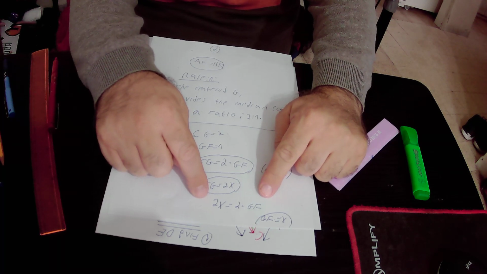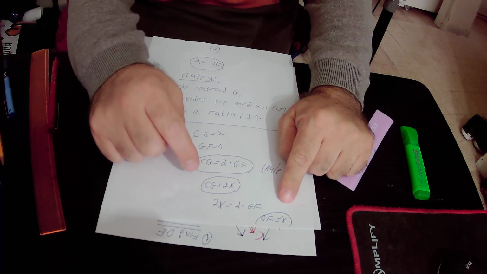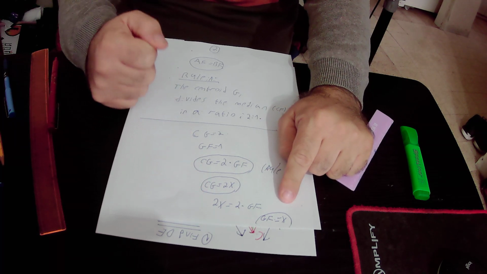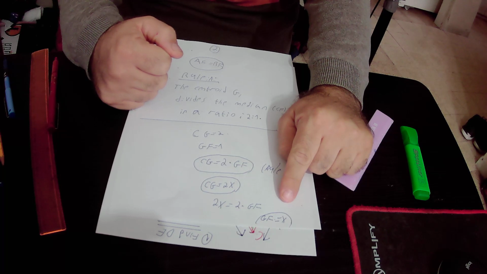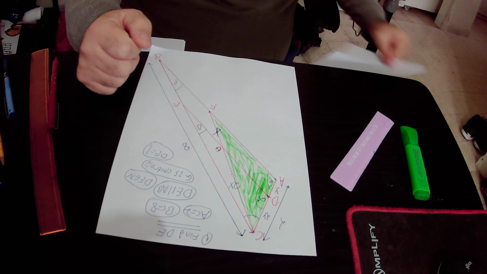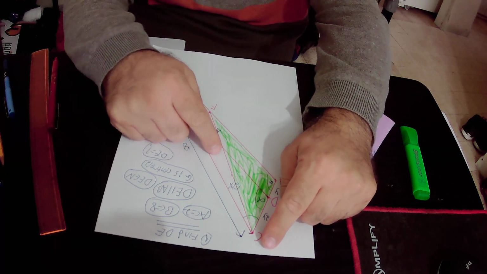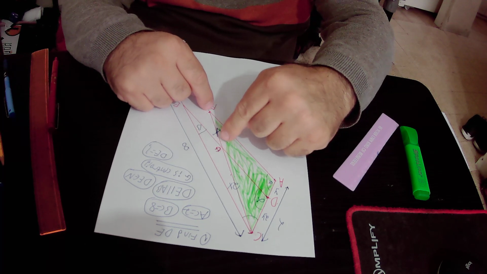Here we divided this equality by 2, and we got that GF equals x. So we found that if CG equals 2x, then GF will be equal to x.